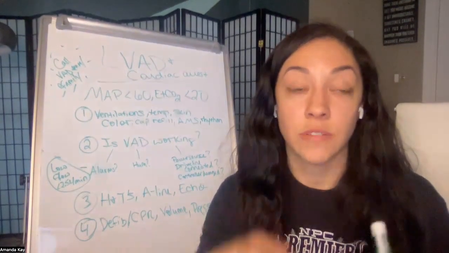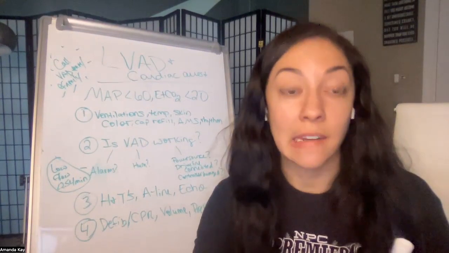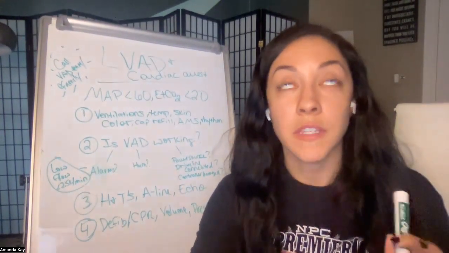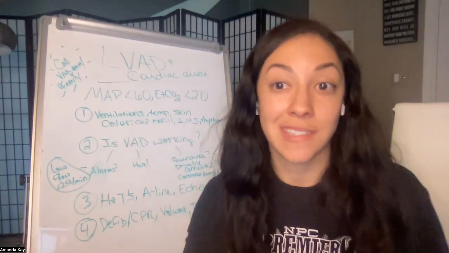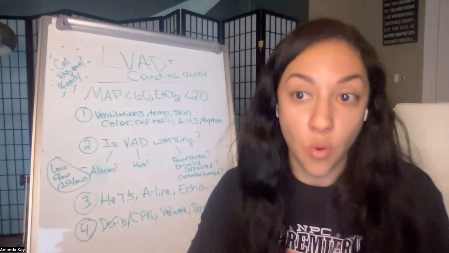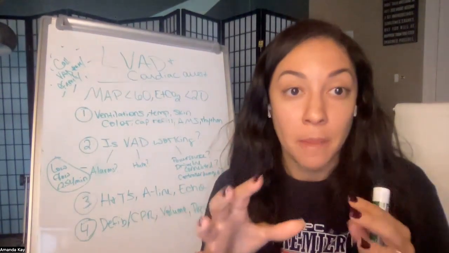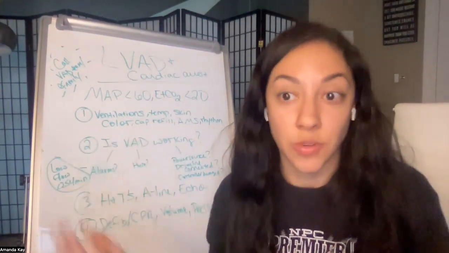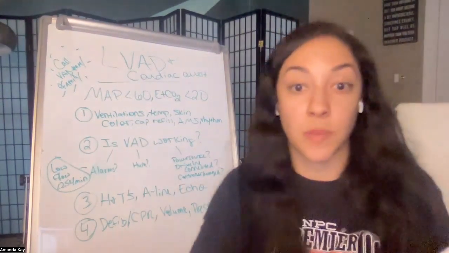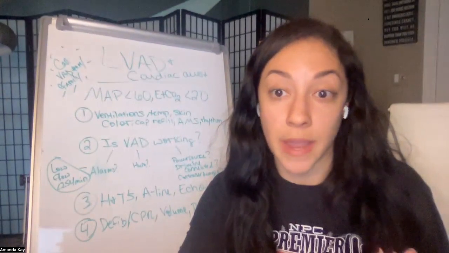Even if their device is performing fine, they still don't have that ability, right? And these pumps are afterload sensitive. So they will increase afterload to a point. But you're still going to see that low flow. And that's when you're kind of thinking, okay, maybe this patient needs volume, right? Now you're looking at like, what does this patient need? Maybe they need a little bit of volume, okay?